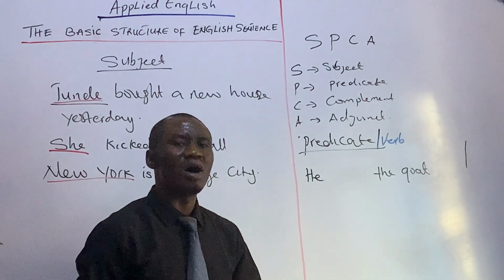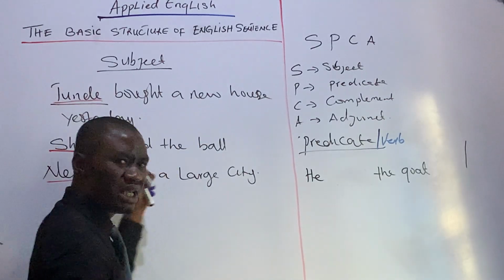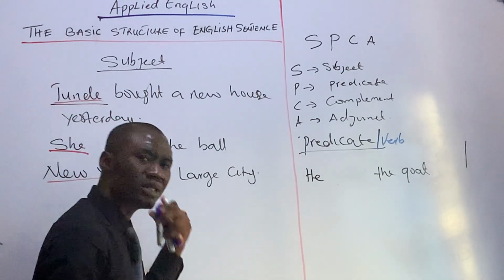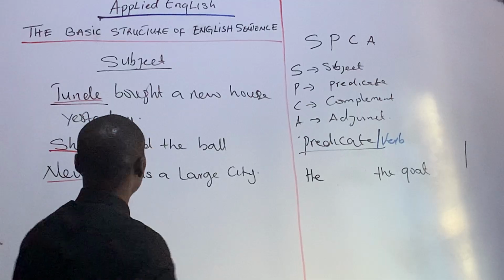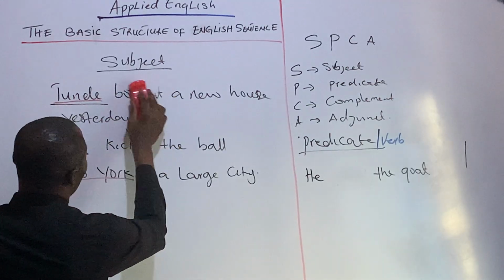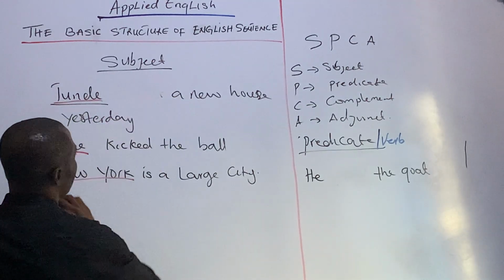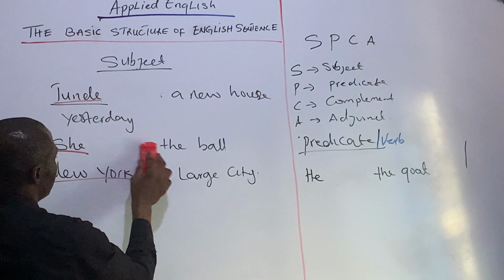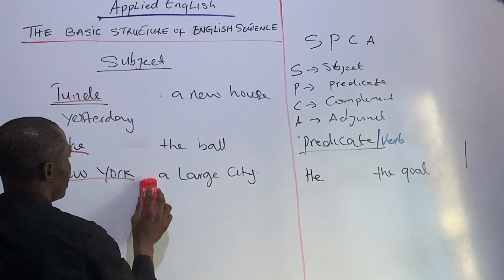Let me take away the verb from this sentence I have on the side of the board. This is the verb bought. This is the verb kicked. You see, this is the verb is.